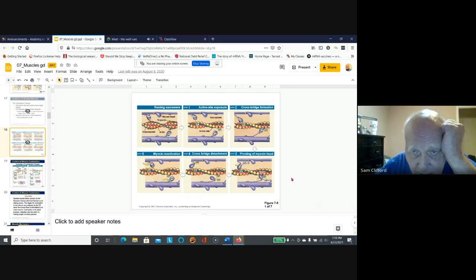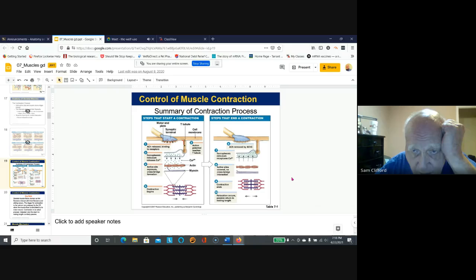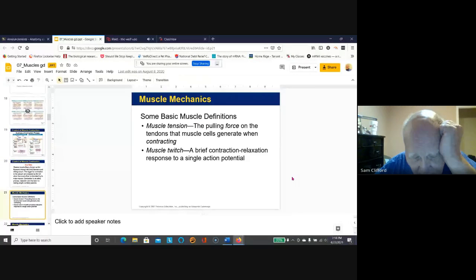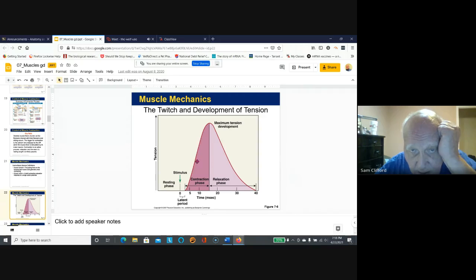I'll go through these, and there are a lot of videos I have on Blackboard. Okay, so muscles develop tension. That's all they do. They generate a pulling force on tendons, and a brief contraction is called a muscle twitch. If we have a twitch, the graph indicates the amount of force over time, and you can see that the muscle contracts very quickly, in about 15 milliseconds.